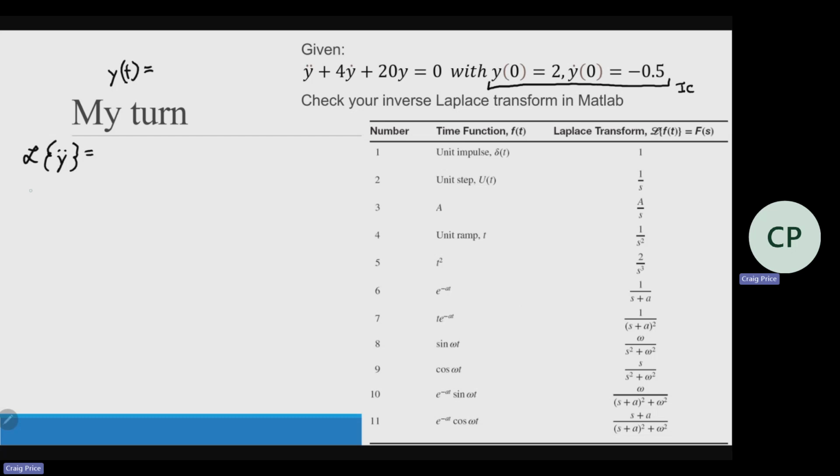I'm going to do a Laplace transform of, and I can pull the 4 out here, Laplace transform of y dot. So do the same thing for 20. We're also going to do the Laplace transform of the input side, and the input is actually 0. So I don't have an input to this system.